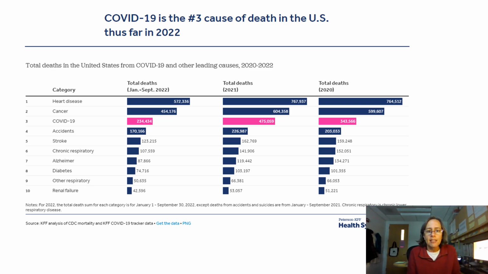And so, in fact, if you just total up causes of death for the year, so that was looking at kind of by week, you can see that in 2020, COVID was the #3 cause of death, as it was in 2021. And this is incomplete data, so again, I have a bone to pick with the people who made this graphic because we really can't compare this to the other two, but we can compare the relative contributions of the different causes of death.